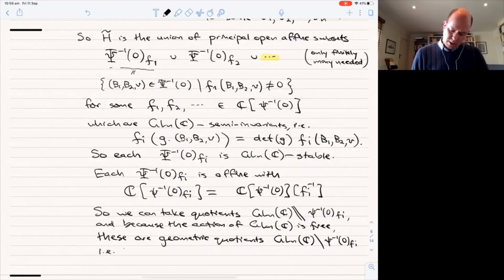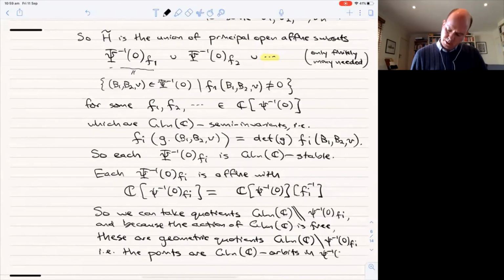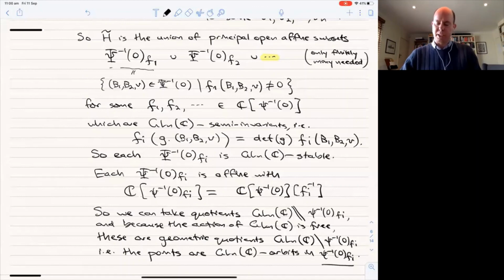I.e., the points are in bijection with the GLNC orbits in psi inverse 0 Fi. The orbits considered as subsets of this open set have to be closed because they're all maximal dimensions, since the stabilizers are all trivial. So all the orbits have the same dimension.